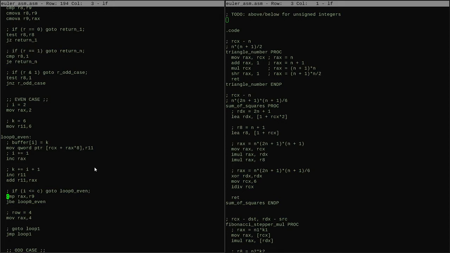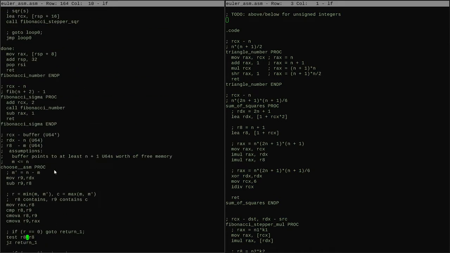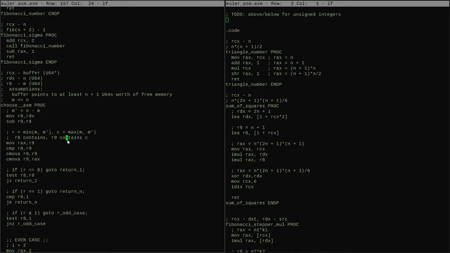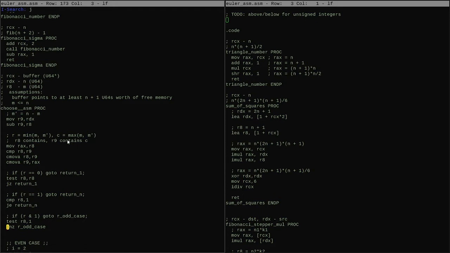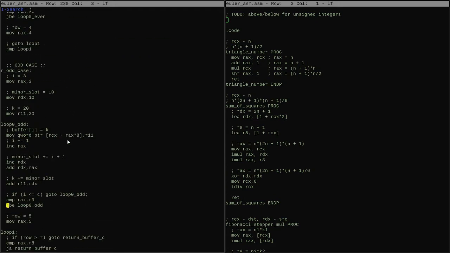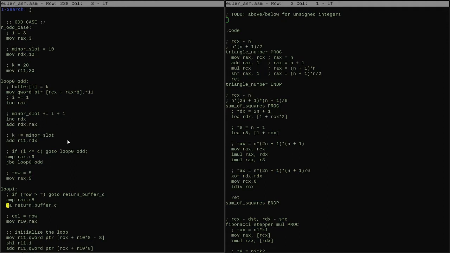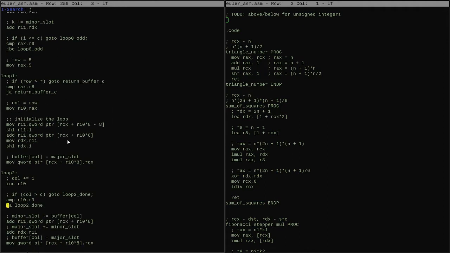Comparing I with C. Which one is this? This is in our Fibonacci one, so this is rather recent. We got that one right, I think. All of those look like unsigned integers, and below or equal is for unsigned, so that should be good.